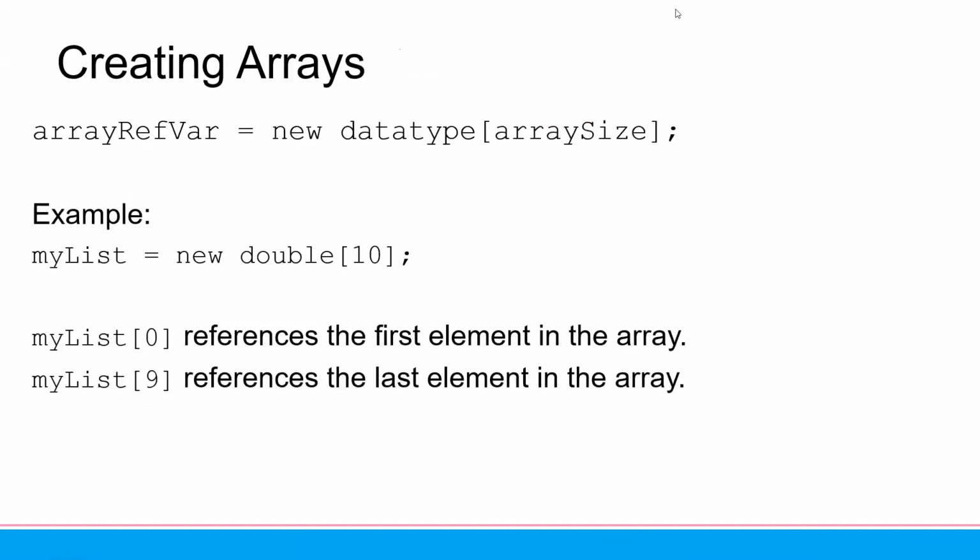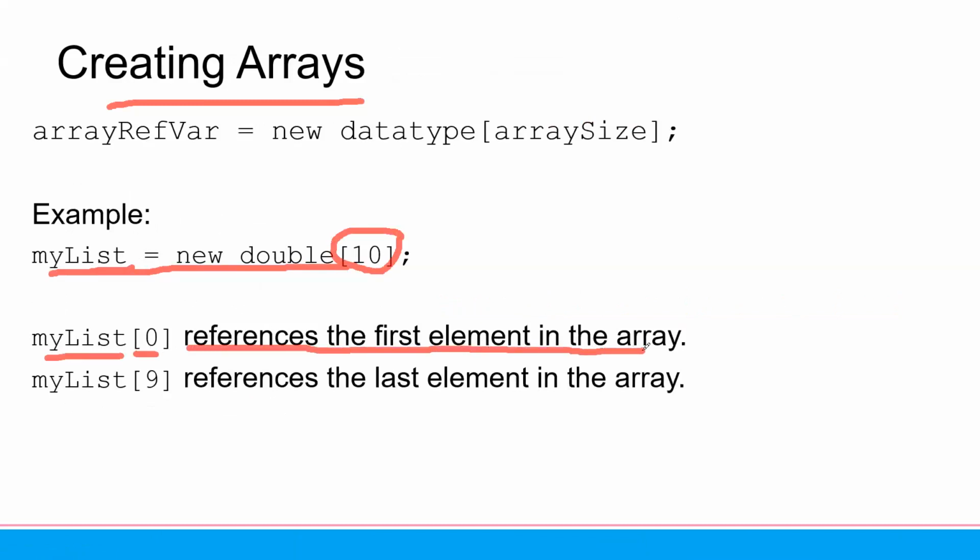And when we want to create an array, we need to define how many items we want to prepare. If you prepare myList as your array name, then myList index 0 will be the first element in the array. And myList index 9 will be the last element in the array.